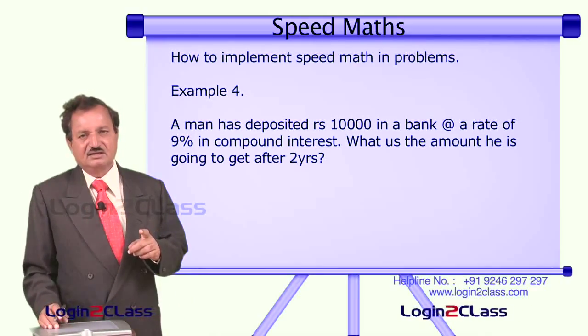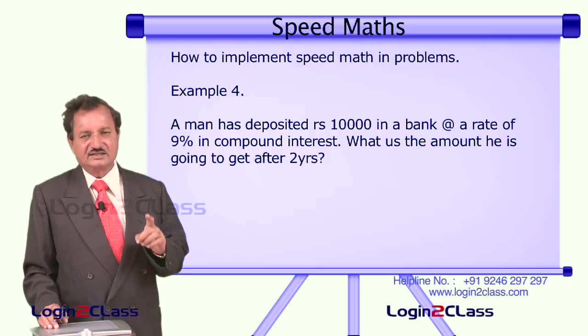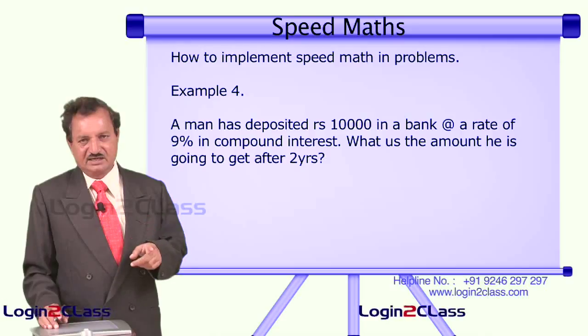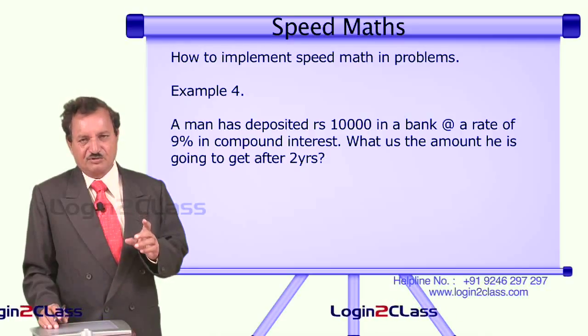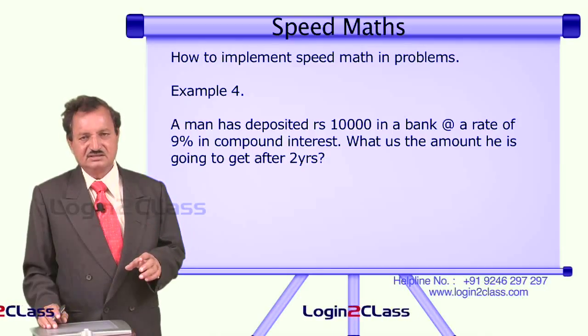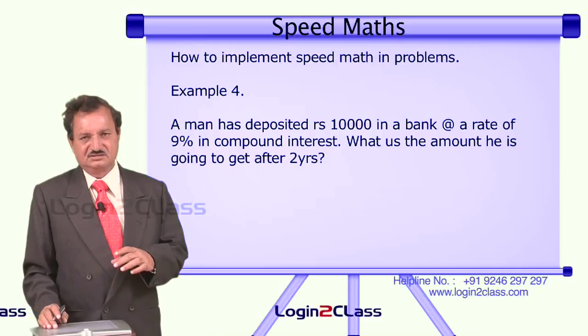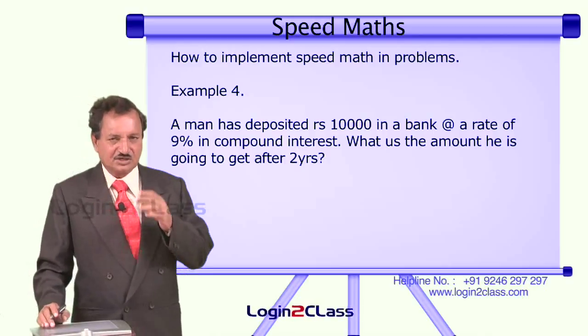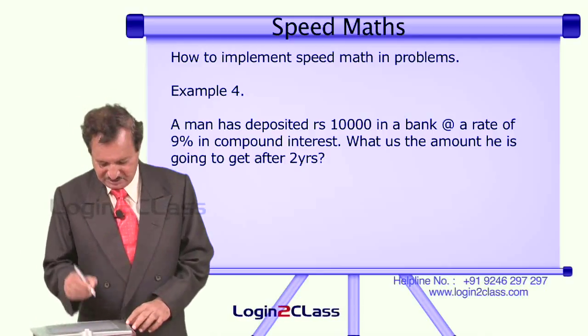A man has deposited 10,000 rupees in a bank at a rate of 9% in compound interest. What is the amount he is going to get after 2 years? This is the problem. How is speed math useful to solve this problem? Let us see.